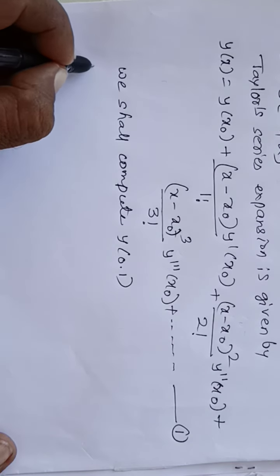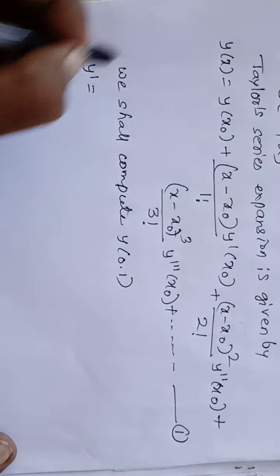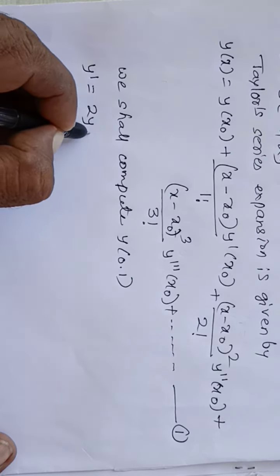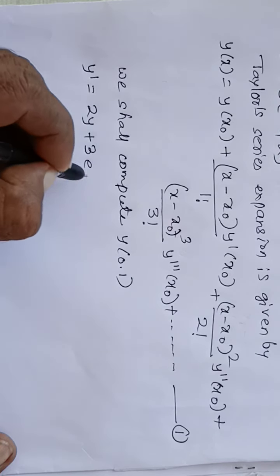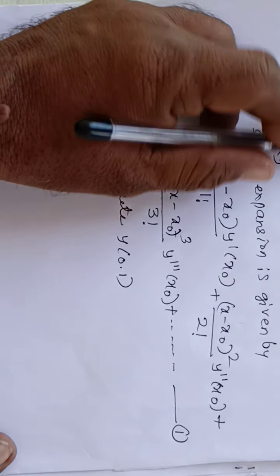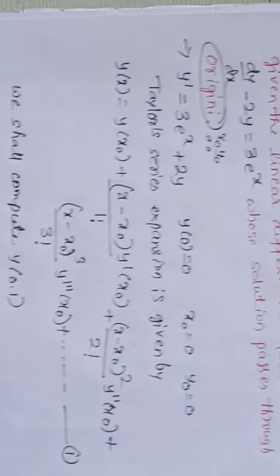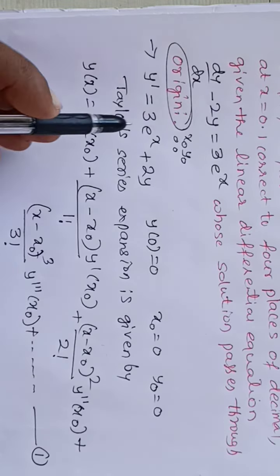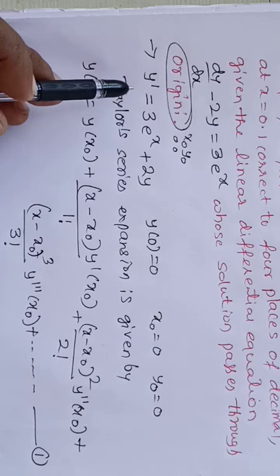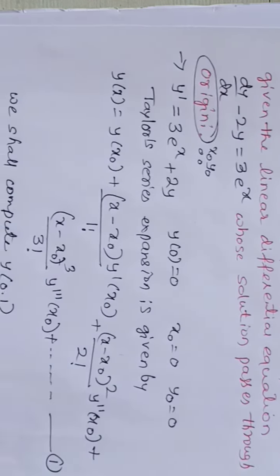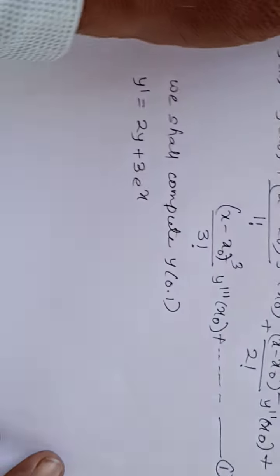So here y dash is given. Y dash is equal to, first write 2y plus 3 into e raised to x, correct? So y dash is equal to 2y plus 3 into e raised to x.